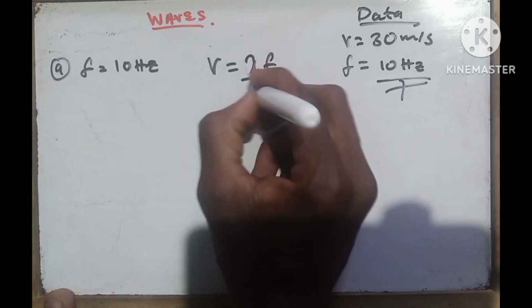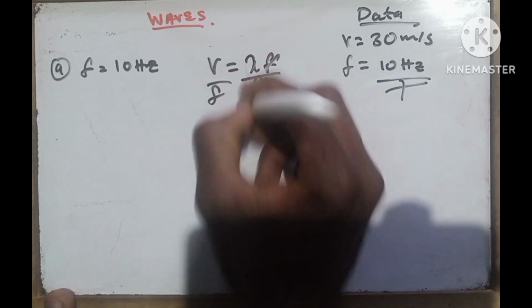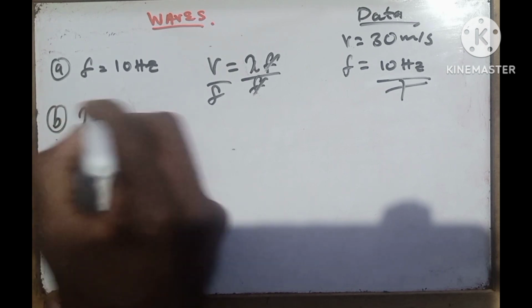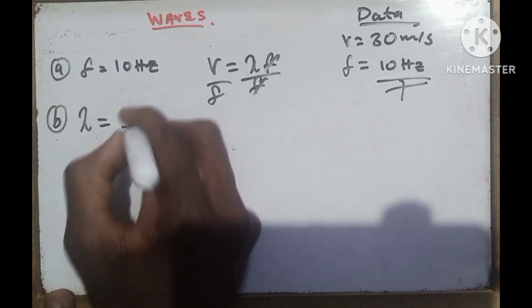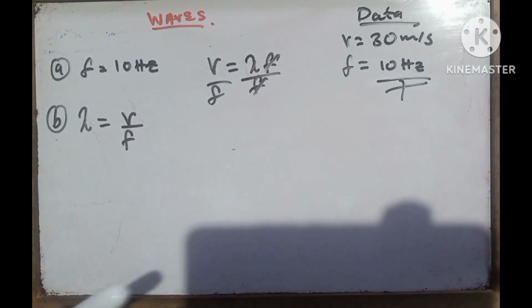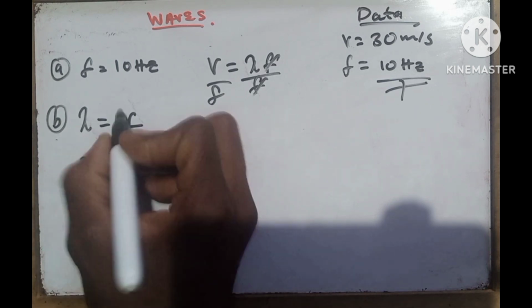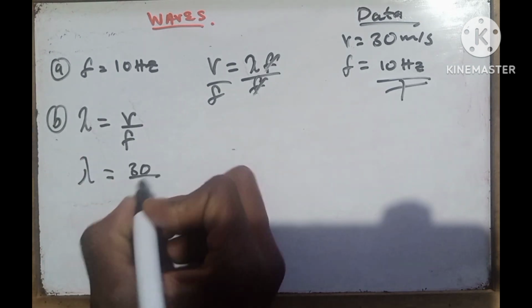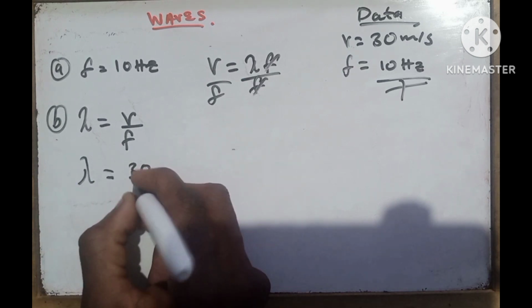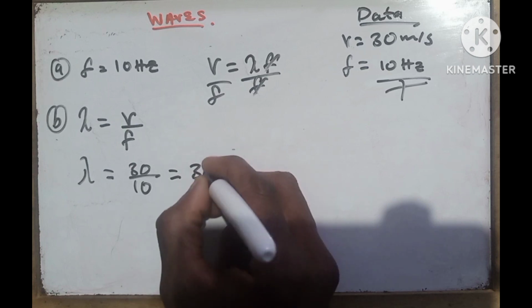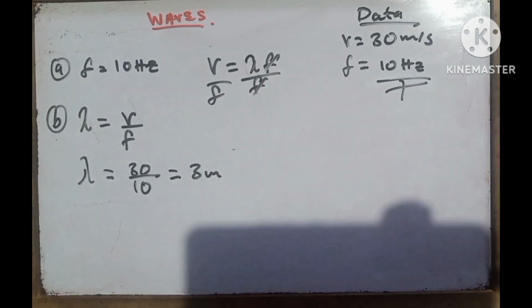So we make the wavelength the subject of the formula, and we have wavelength equal to speed over frequency. The speed is 30 over the frequency, which is 10. So the wavelength will be 3 meters.